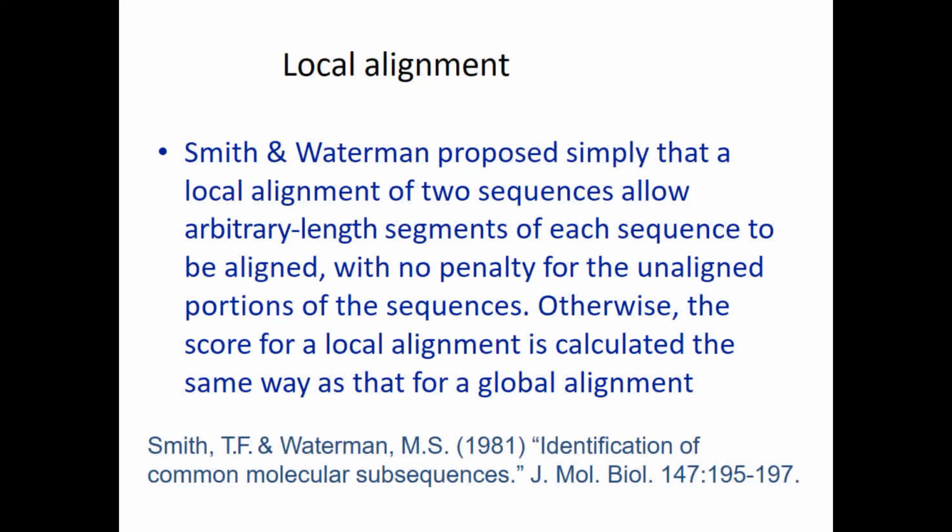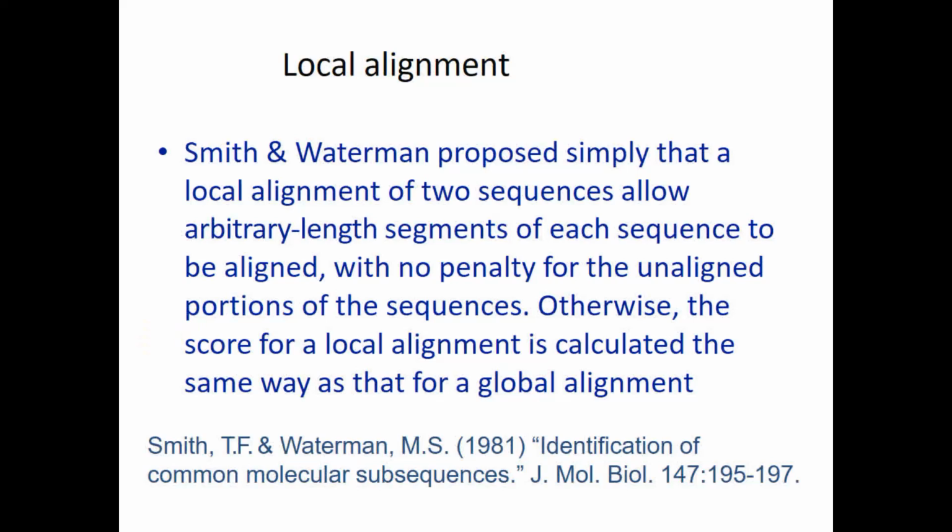In 1981, the physicist Temple Smith and the mathematician Michael Waterman published a four-page article in the Journal of Molecular Biology. In their paper, the Needleman-Wunsch algorithm is improved, and a local alignment algorithm called Smith-Waterman is proposed. This paper has been cited more than 8,000 times so far. It's one of the most cited papers in the field of bioinformatics.